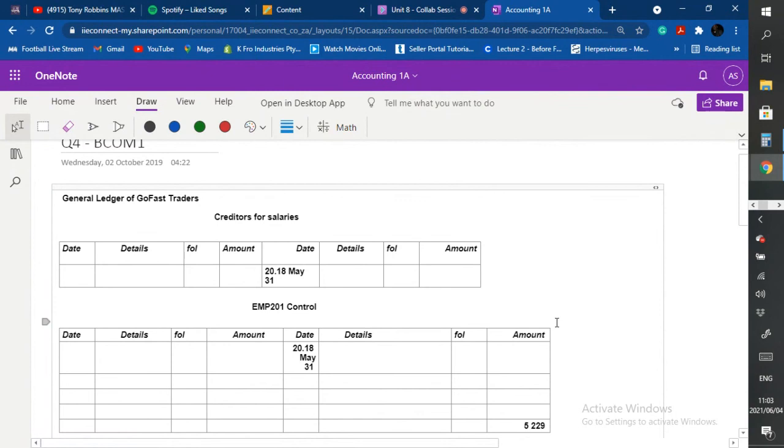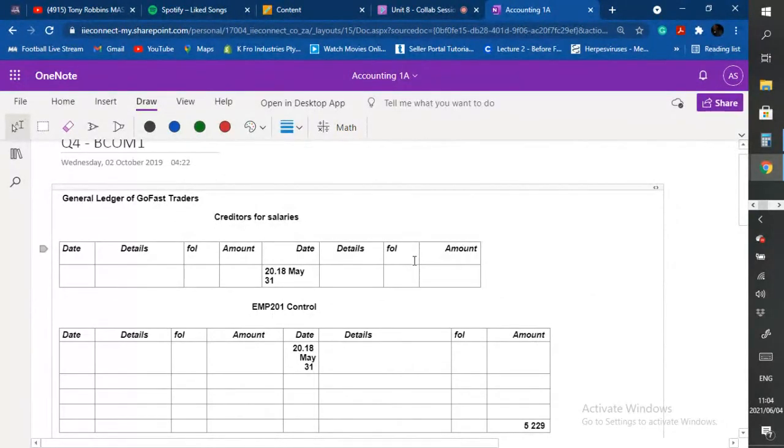So for starters, we have creditors for salaries. Now, I want to talk about this for a bit. Remember, I told you when we were discussing this in class that I already know how much I'm going to get paid. We all already know how much we're going to get paid at the end of the month, at the beginning of the month.